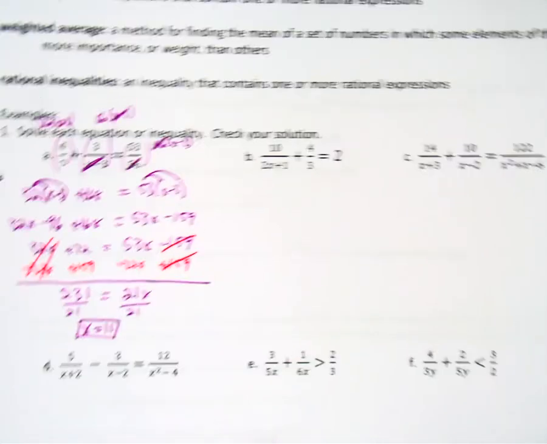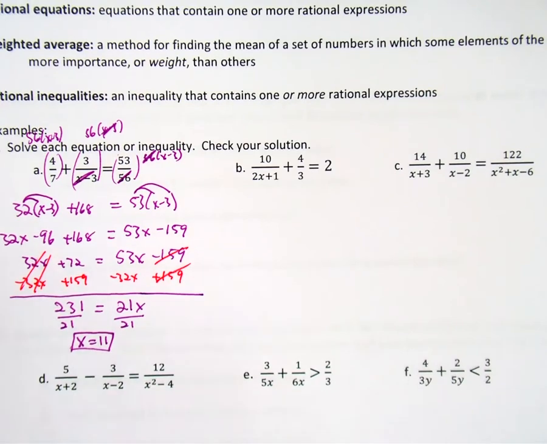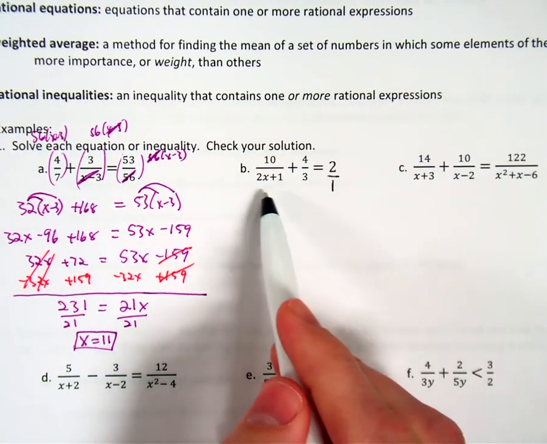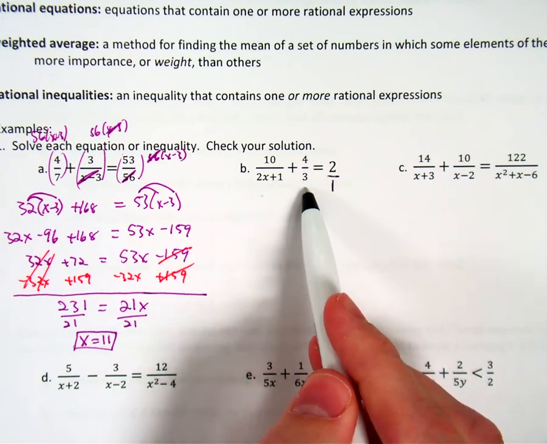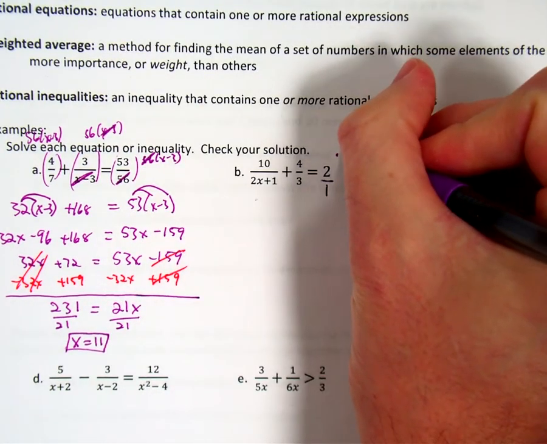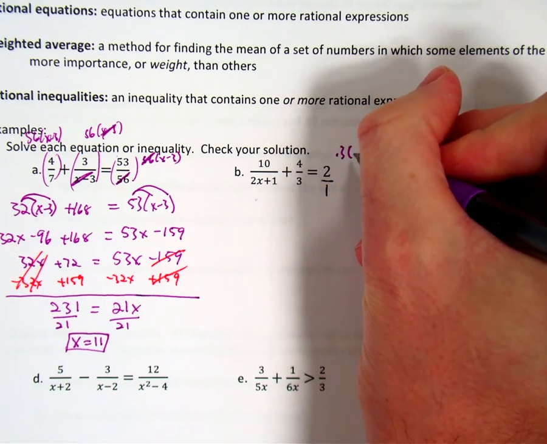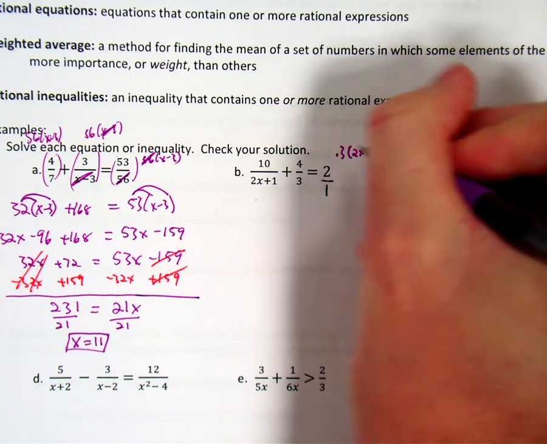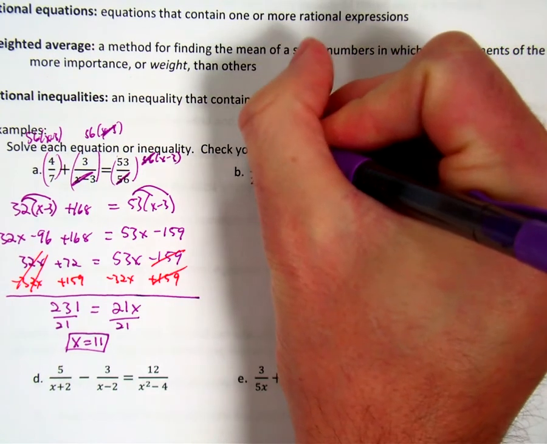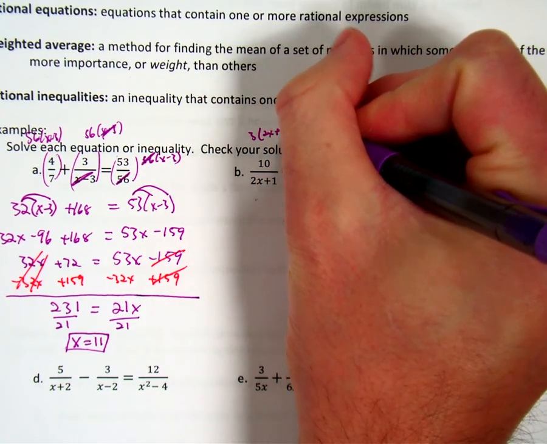All right, welcome back. So our denominators are pretty easy with this one. So hopefully it wasn't too tricky. A 2x plus 1 and a 3. So there's really no choice. You're going to have to go times 3 times 2x plus 1.